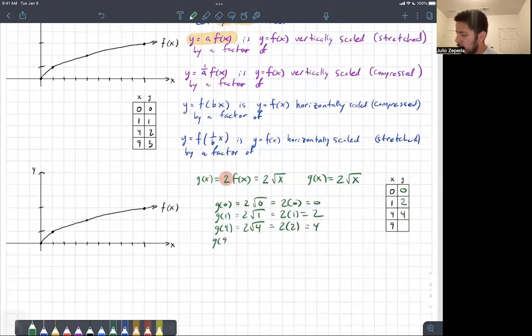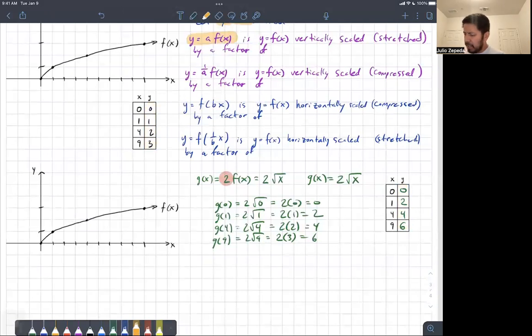And then g of 9 is 2 times the square root of 9, 2 times 3, which is 6. So if we use the same x values, how do the output values of f of x compare to the output values of g of x? Those of g of x are just twice as large. The y values just got multiplied by 2, right?